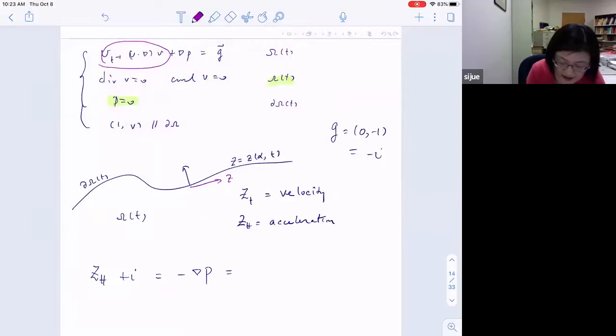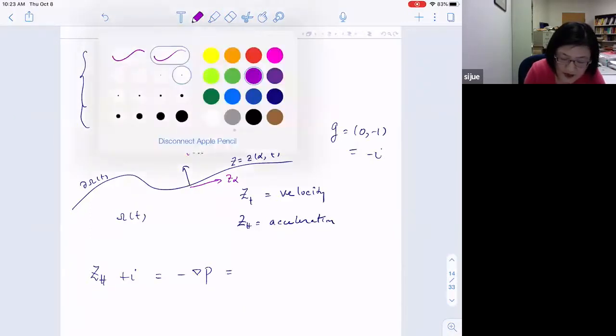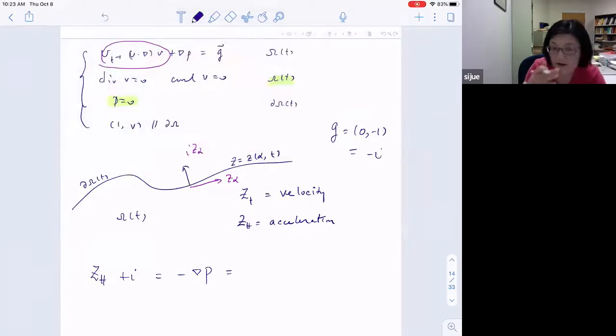So this is a tangential direction, right? Taking derivative with respect to the parameter, and i z_alpha is a normal direction. So if you decompose gradient p along the normal and tangential directions, only the normal direction survives. So n is i z_alpha divided by the absolute value of z_alpha, okay.